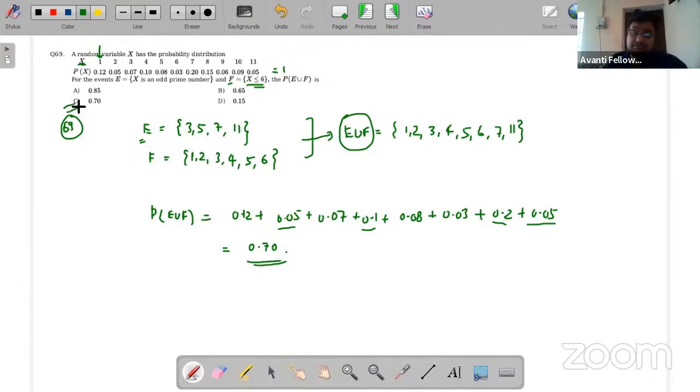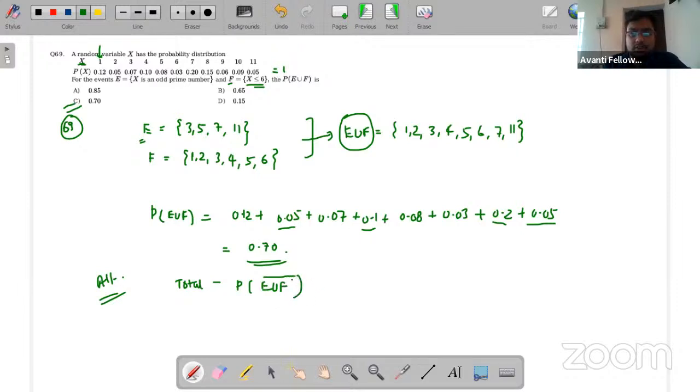This is one way of doing the probability. Another way is total probability minus the remaining probability, meaning whatever is not in E union F. We can also use the contradiction method. So the alternate would be total minus P(not in E union F).